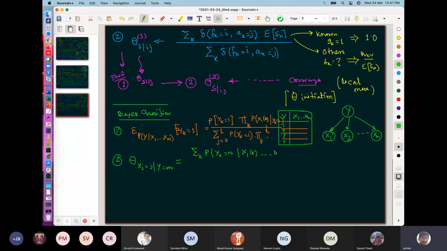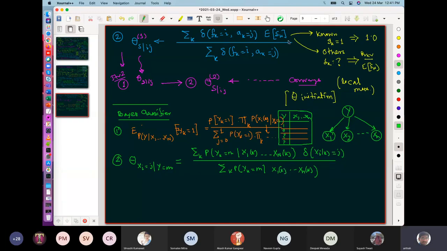x1 k up to xn k, delta of xi k becoming j, divided by, as you can understand, the full summation with respect to probability of yk equal to m given x1 to xn case.